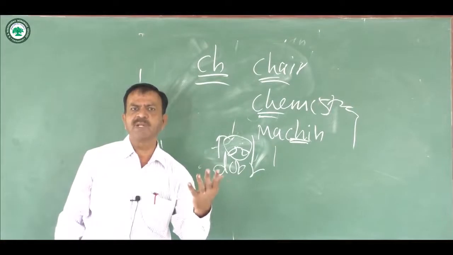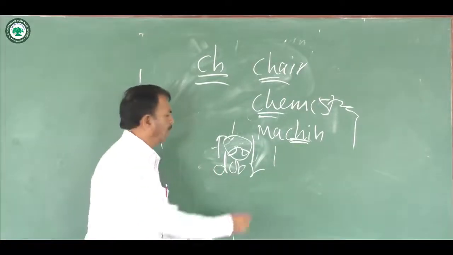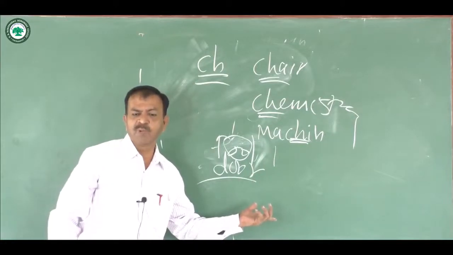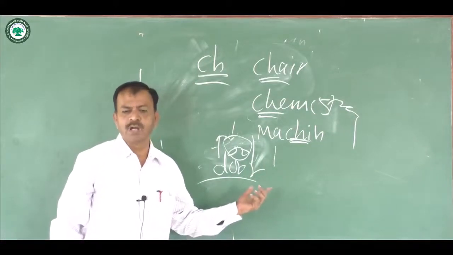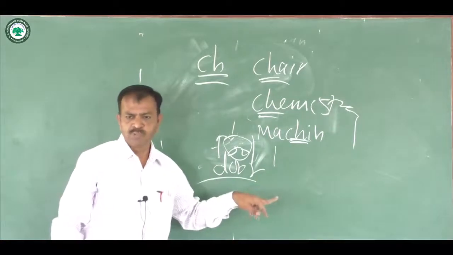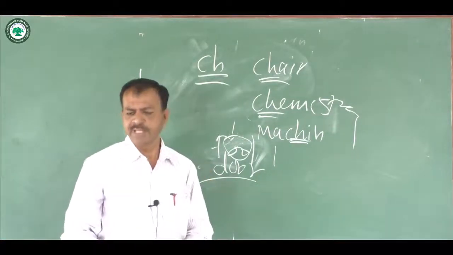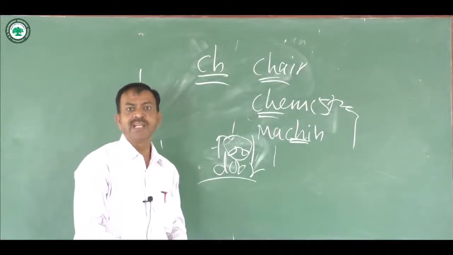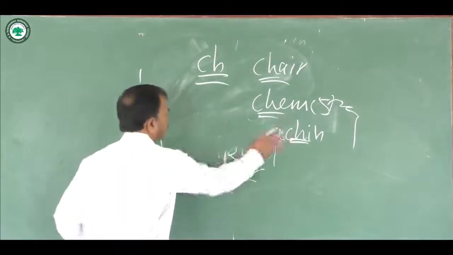The pronunciation of double o is oo. But in d-double-o-r we pronounce it as door, not dur. So this is, I say, challenging work to learn English pronunciation.